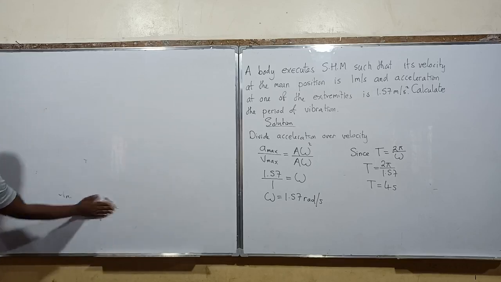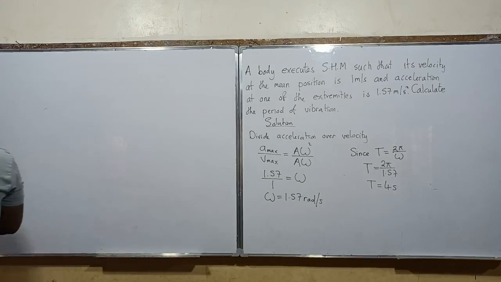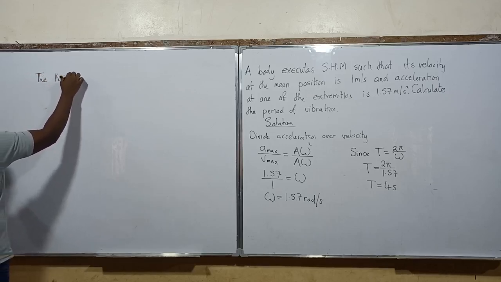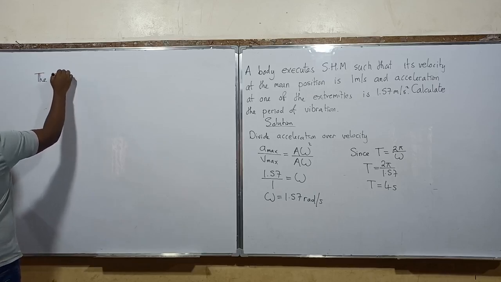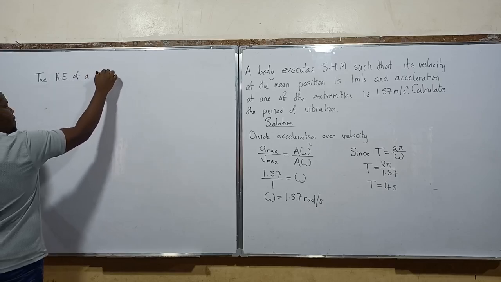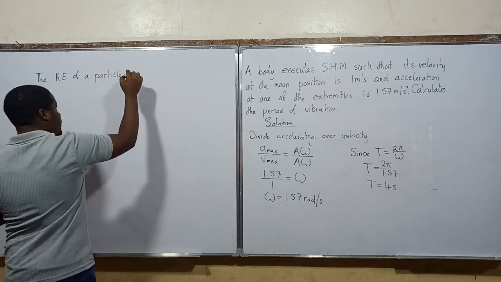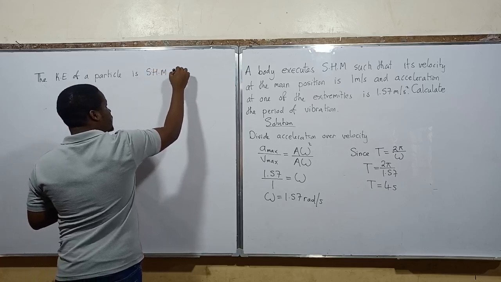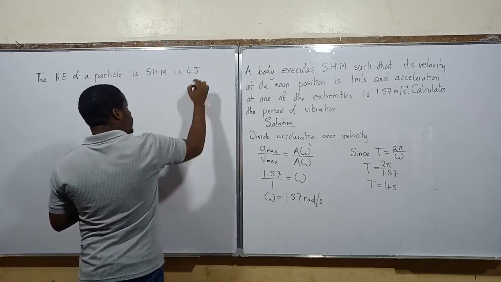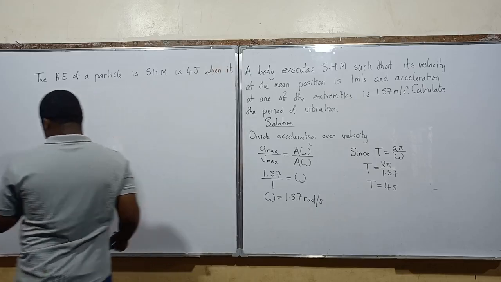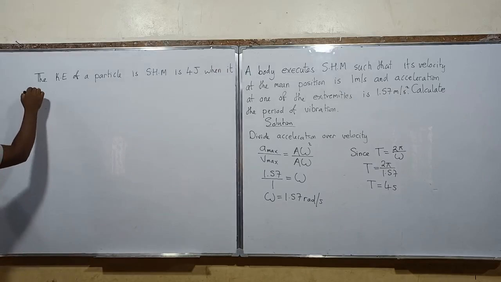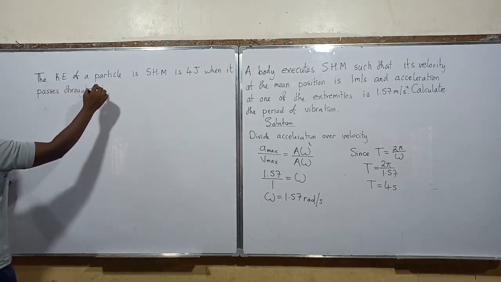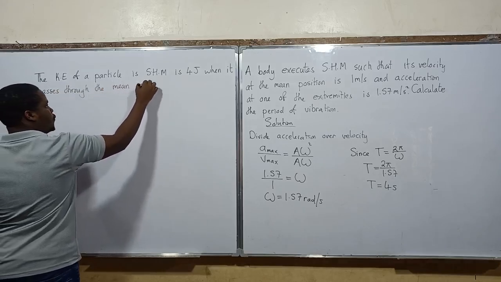Question 5 says: the kinetic energy, KE, of a particle in simple harmonic motion is 4 joules when it passes through the mean position.